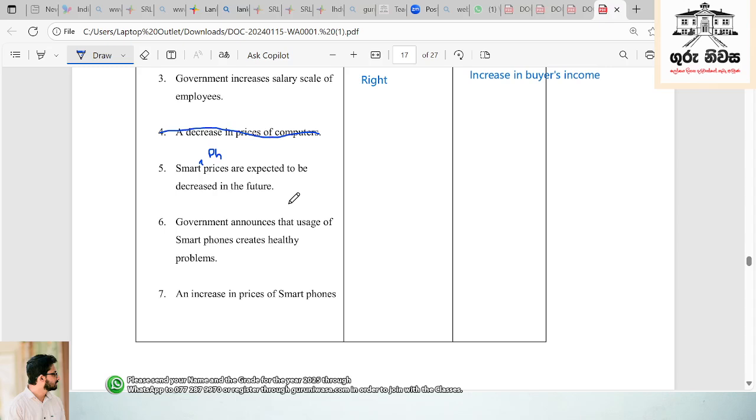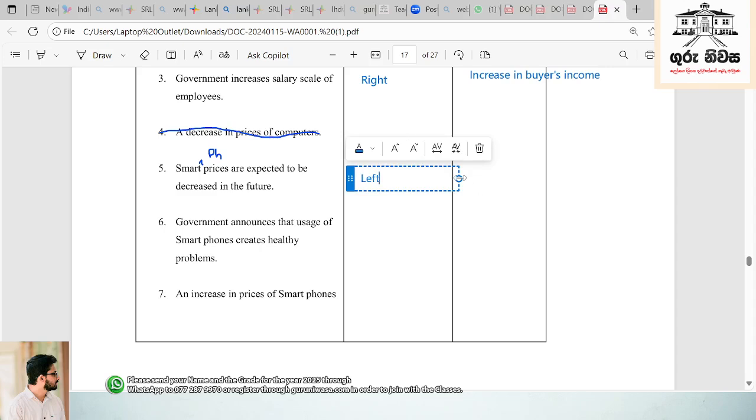People think that smartphone prices will decrease in the future. So, do they demand more or less today? They demand less. Demand less means the demand curve shifts to the left side. Demand curve for smartphones shifts to the left side.